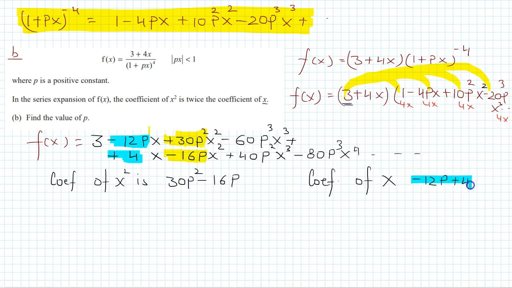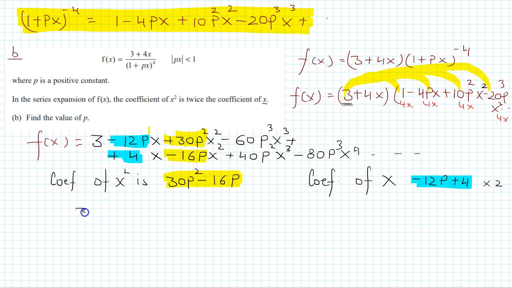So this is the coefficient of x and this is the coefficient of x². It says that the coefficient of x², this is twice of this. So if it is 8, this is 16. So we multiply this by 2 to make them equal.